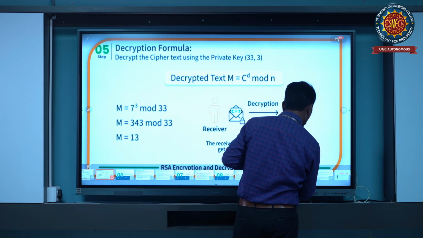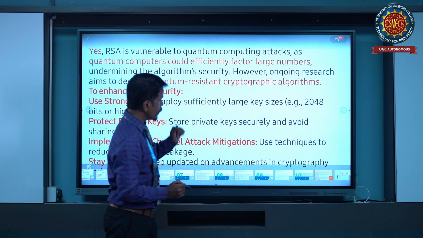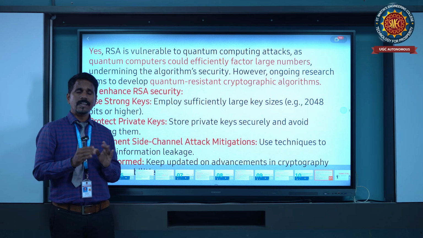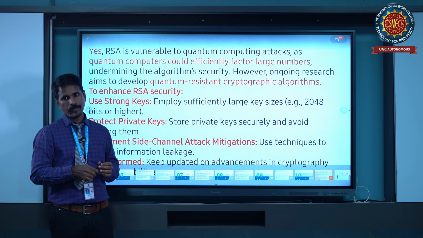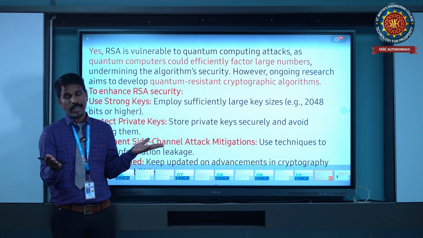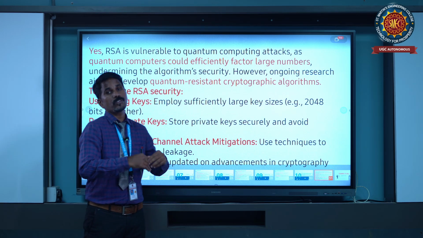Yes, this is a very important one. We are now using the RSA algorithm, and we are confident working with it. But quantum computing can break the RSA algorithm. So if the system is broken, what should I do?